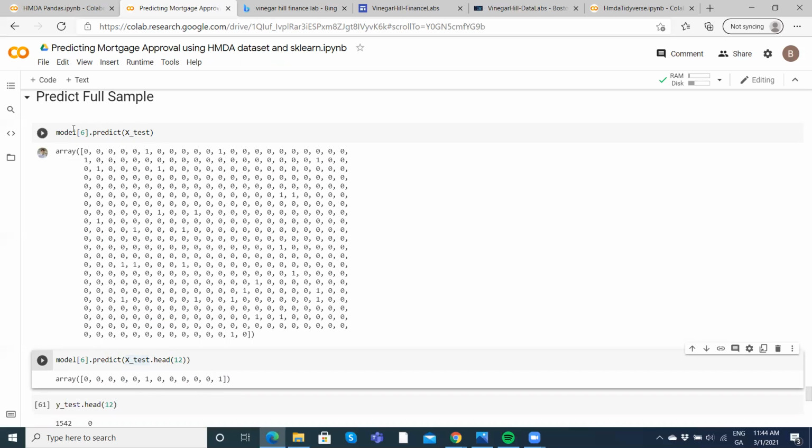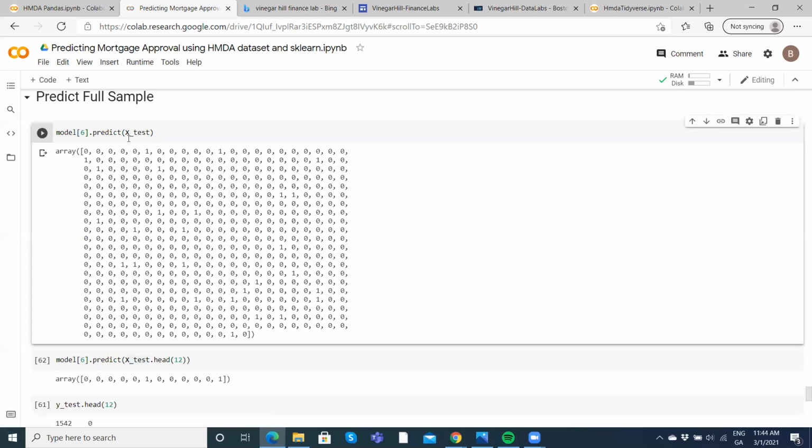Now, if we run the entire test data, this is the entire output. But if we just report out the first 12, then applicant 6 and applicant 12, this is what the algorithm is predicting. The random forest predicting, look, no, not going to get mortgages for these two here.